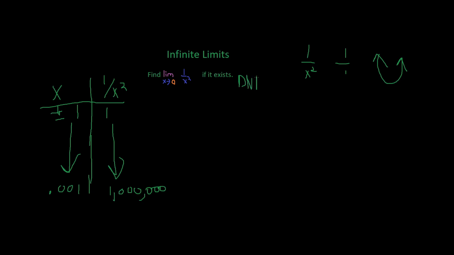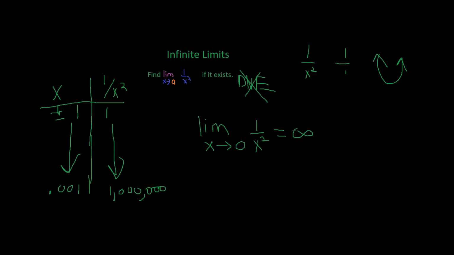But there's a better way to say this. So there's a better way to say it does not exist. To indicate this kind of behavior exhibited, we use a notation. So we write our limit again. So what notation do you think we use? We say that this limit equals infinity.